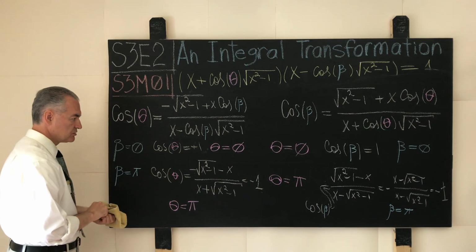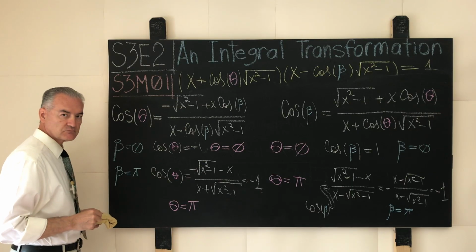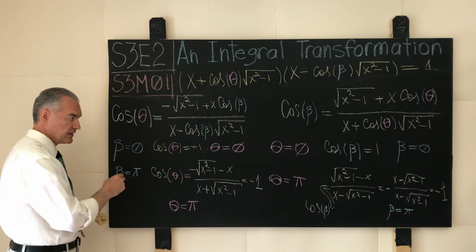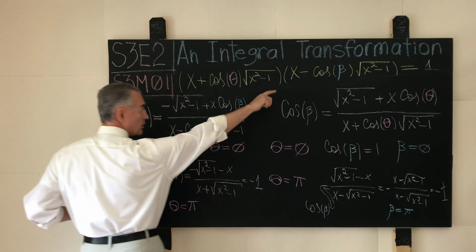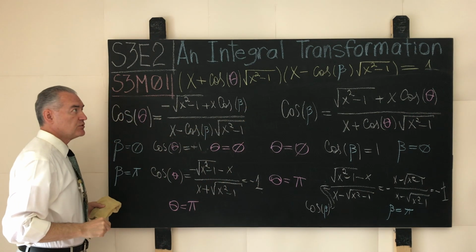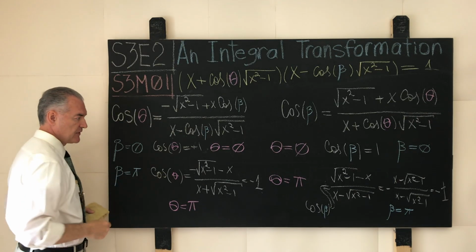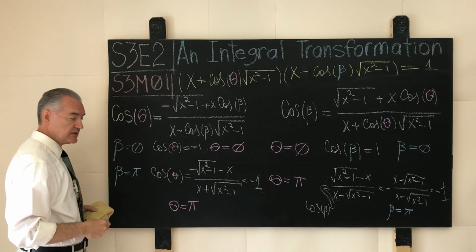See, so now not only did we show, with our intuitive substitution of theta equal to beta, but with this clever relationship between the angles theta and beta, we also proved that the boundaries of integration indeed remain the same.